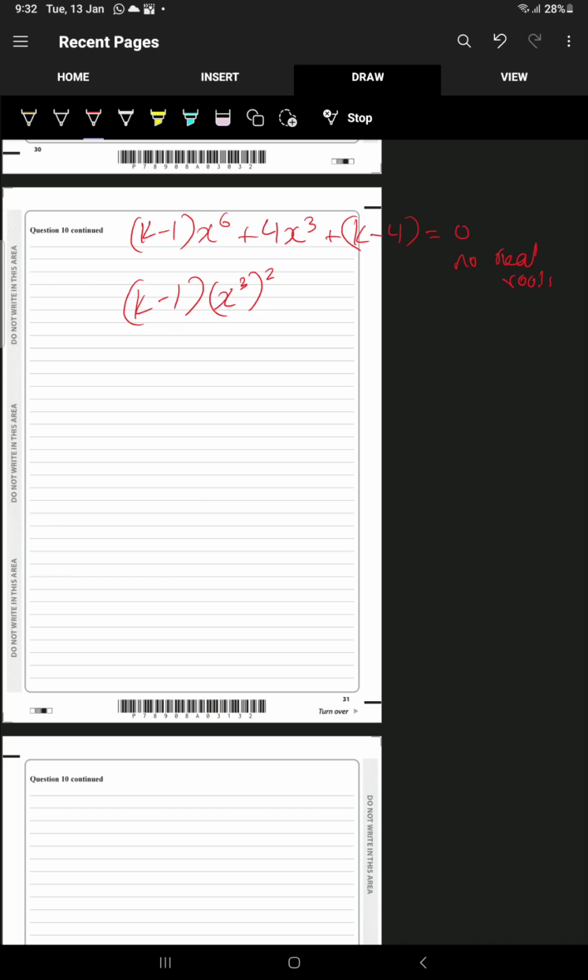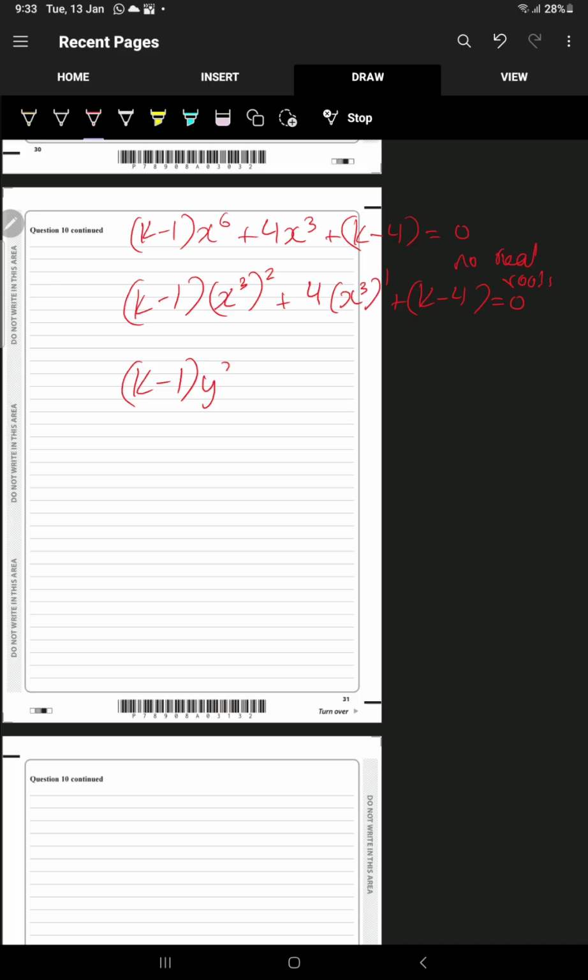So with y equal to x cubed, now you get (k minus 1)y squared plus 4y plus k minus 4 is equal to 0.